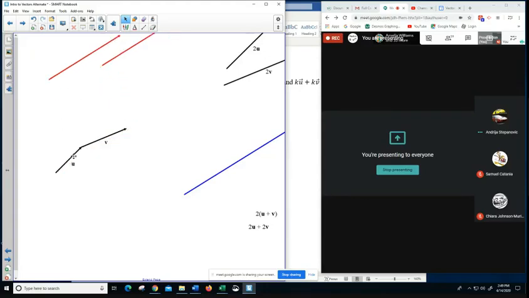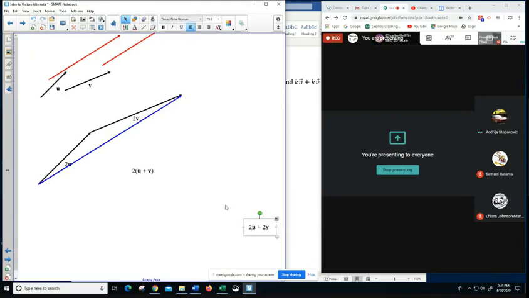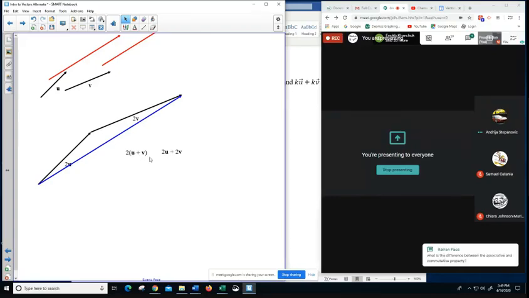Let's say if first I take 2u and I add to that 2v, I see that I get the exact same result. Okay, so that tells me that vectors are distributive under scalar multiplication and addition. So these are some of the properties that we have with vectors that I don't think we should be too surprised by.